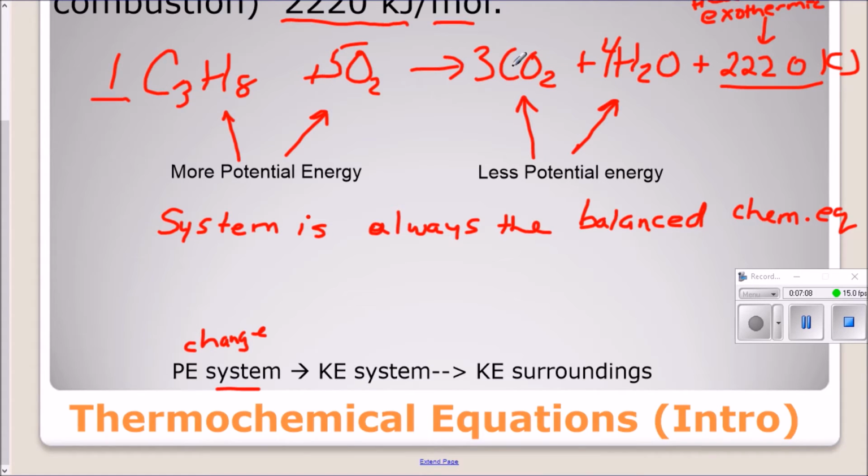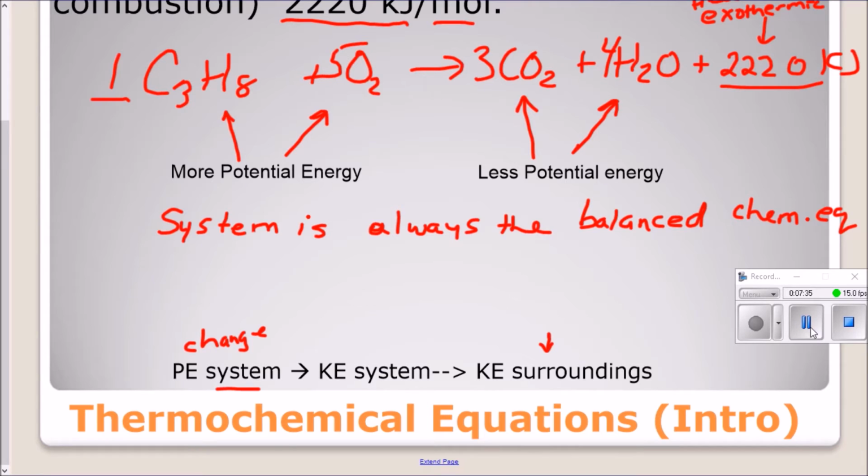And what happens is that energy gets transferred to other molecules around it. Now, this is the surroundings. So eventually over time, there was a change in potential energy between our reactants and products. The products were produced and started moving very quickly because the heat made them move very quickly. And the CO2 and H2O would bounce into other molecules, which we'll call the surroundings, and that heat eventually gets transferred there.